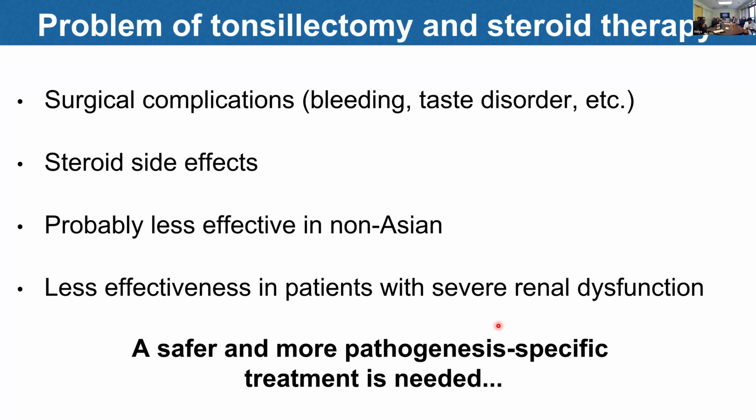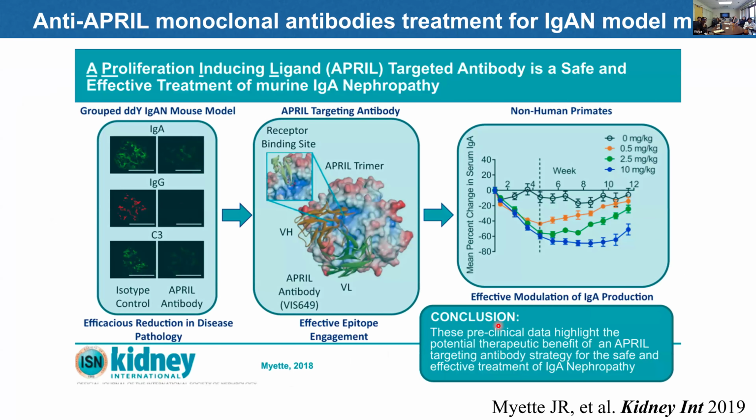But recently, the situation has changed due to the emergence of monoclonal antibody therapy for APRIL and BAFF. Here is the first report of a monoclonal anti-APRIL antibody in an IgAN model.